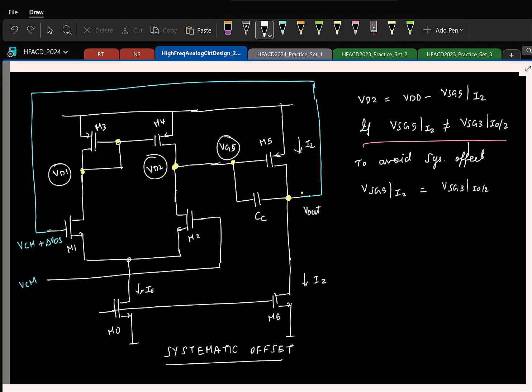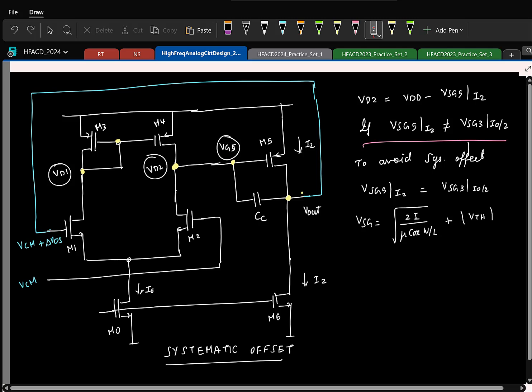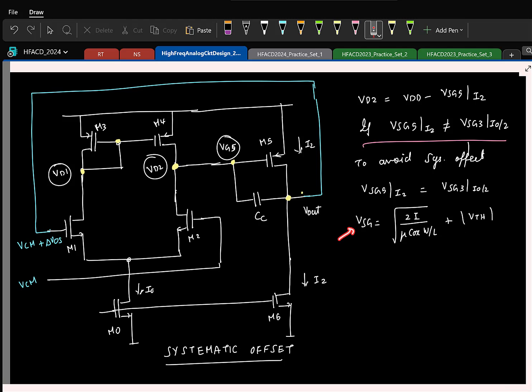And you know that VSG is basically the square root of 2 times I over the quantity, plus the threshold. So if the two transistors are identical, the threshold is identical. If I have to keep the source to gate voltage the same, what should I be keeping the same? I by W by L, right?